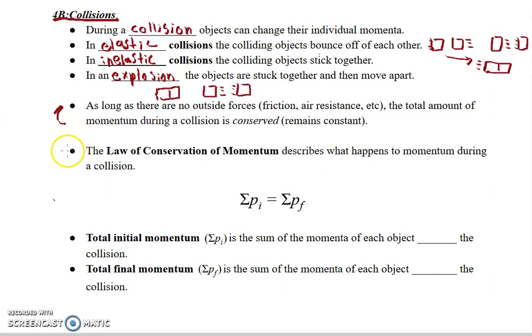So the mathematical way of saying that is the law of the conservation of momentum. So it basically says, if you don't have any outside forces, your total momentum will stay the same.